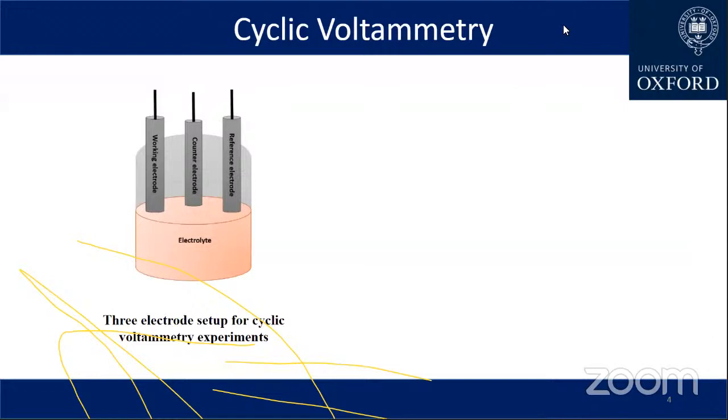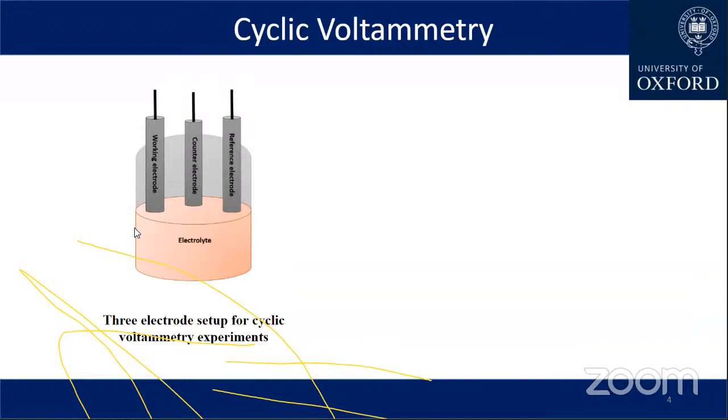Here is a 3-electrode setup for the cyclic voltammetry experiments, which contains the electrolyte we are about to study, and we have the working electrode, counter electrode, and the reference electrode. Working electrode is where a reaction usually occurs, and the potential on the working electrode is measured with reference to the reference electrode. Counter electrode is helpful to complete the circuit, and it also checks the charge flow.